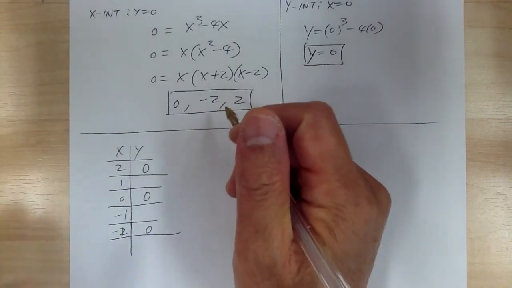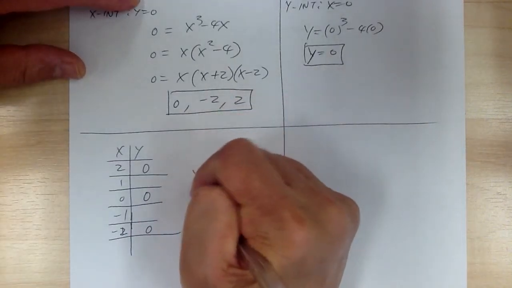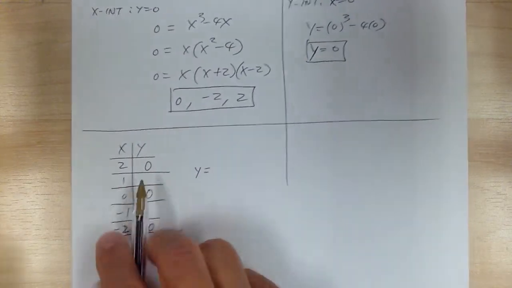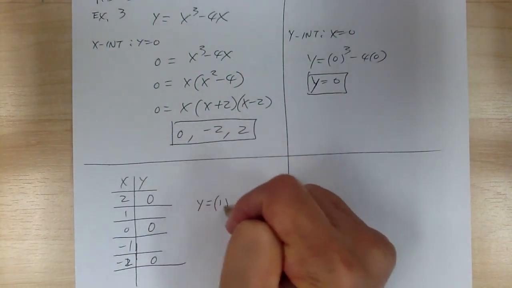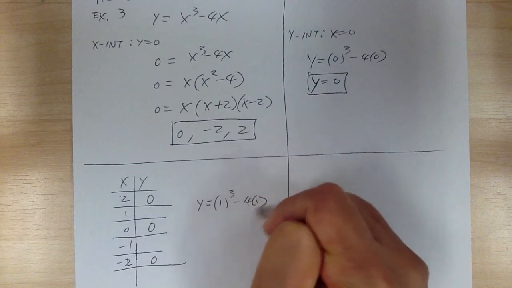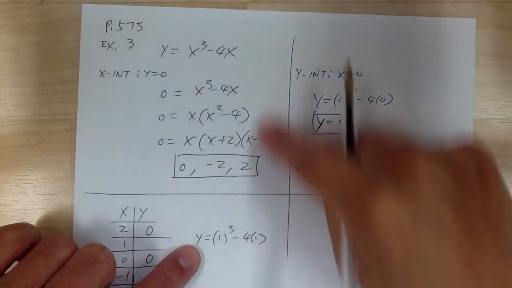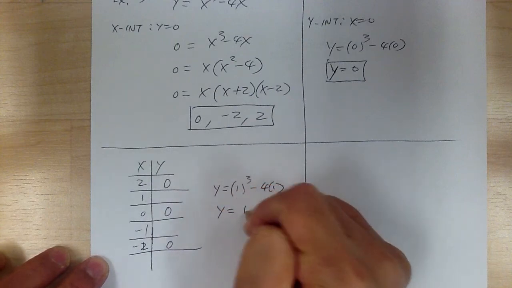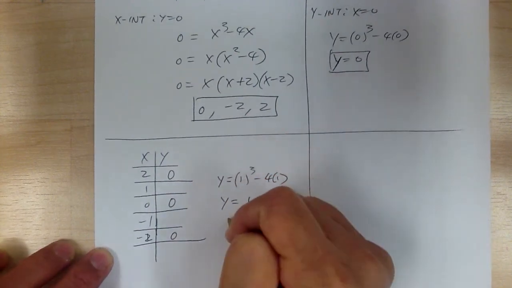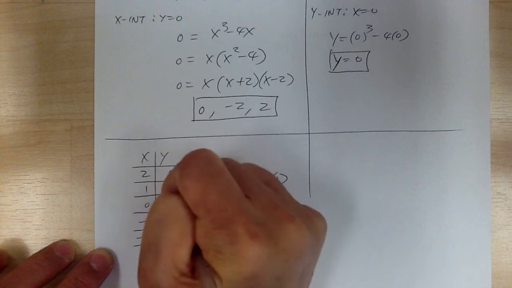Let's find those 2 points. When x equal to 1, it will be 1 to the 3 minus 4 times 1. Again, we're using the equation to substitute to find the value on the table. So y equal to 1 minus 4, so y equal to negative 3.